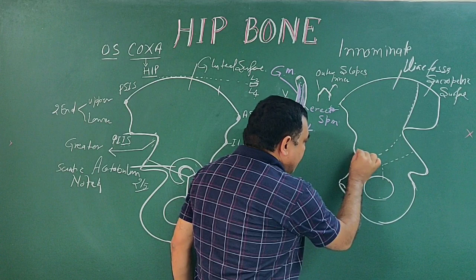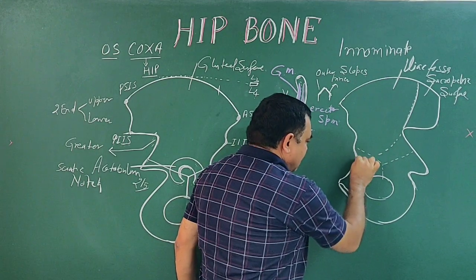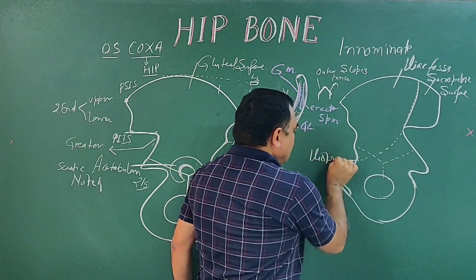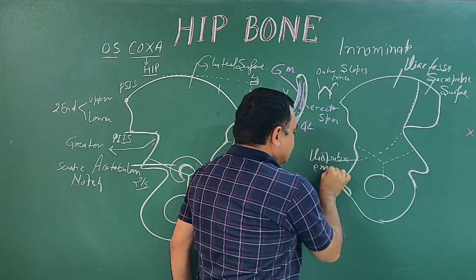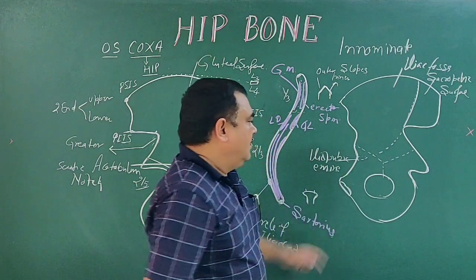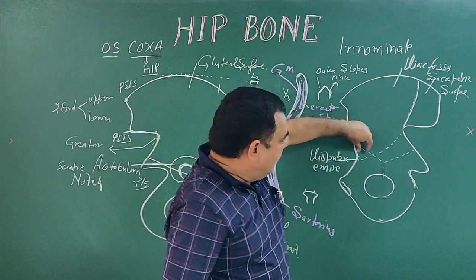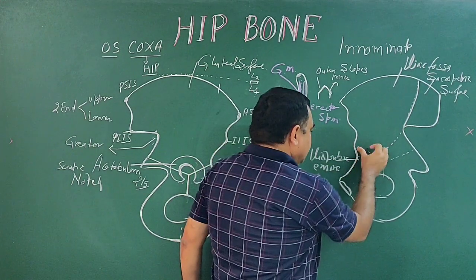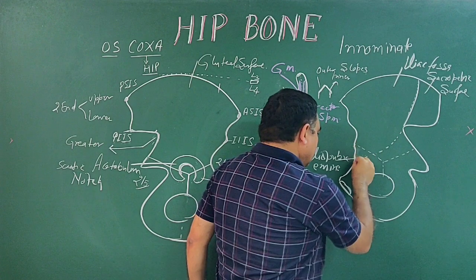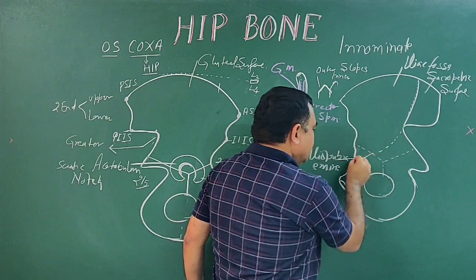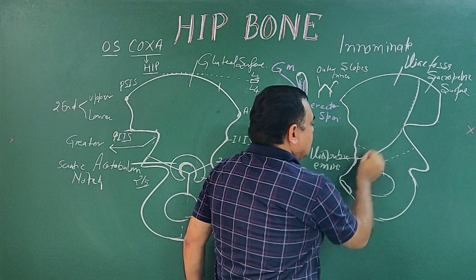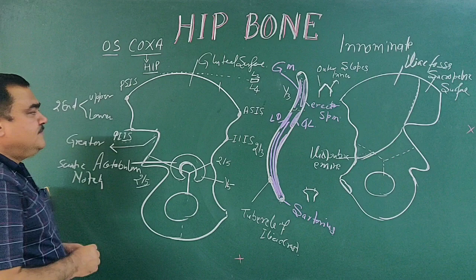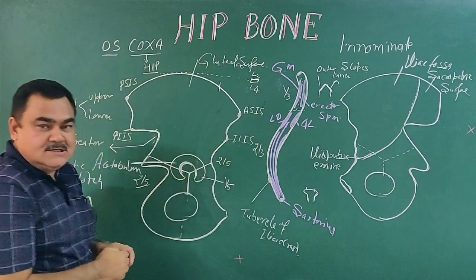Here is the iliopubic eminence, formed by part of the ilium and part of the pubic bone. So you have seen two ends, three borders.